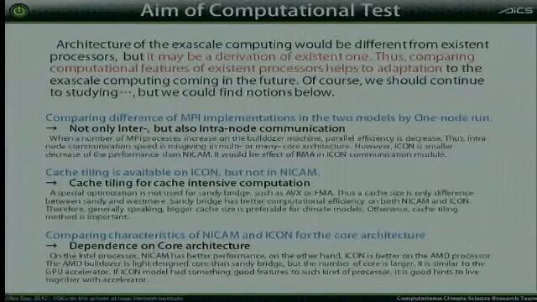And cache tiling is available on ICON, but not in NICAM. So we can find how much effect cache tiling has on computational performance. And also comparing the characteristics of NICAM and ICON for the core architectures, we can find that NICAM is good for Sandy Bridge, but ICON is good on the Bulldozer. So these are the dependence on core architectures.